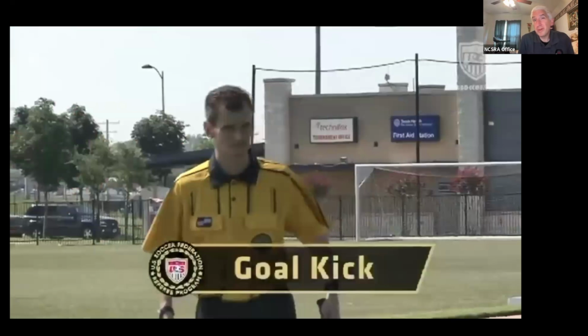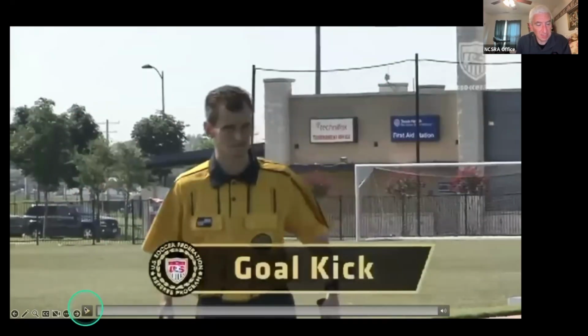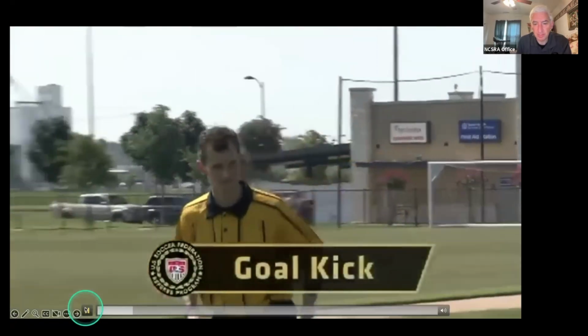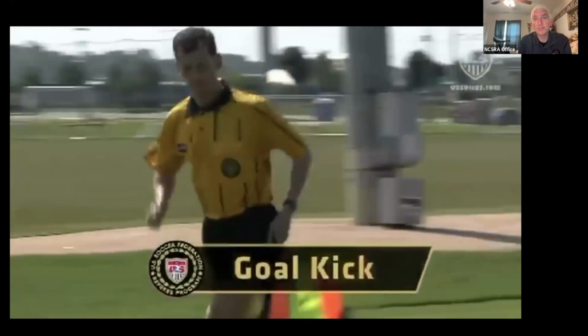Okay, so we pretty much know how to make a goal kick signal too, right? Throw in, goal kick, those are pretty easy to make. But did you notice what hand the assistant referee is running with while facing the field? It's in his left hand, right, as he's running downfield. So why is it in his left hand? It's field side, Kyle says.